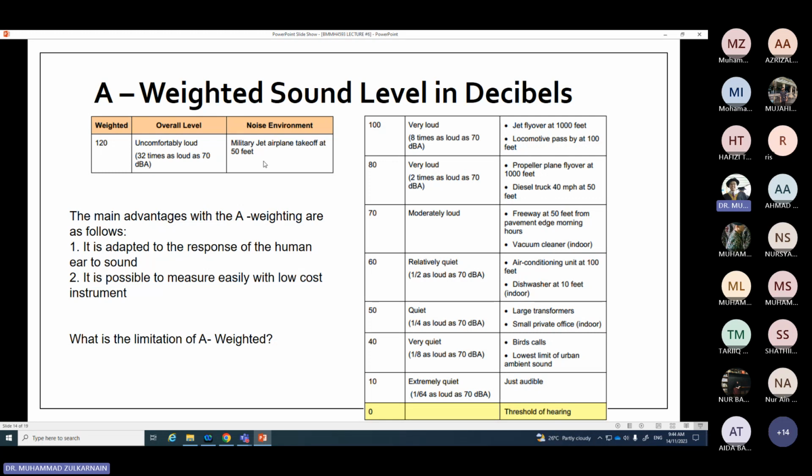So let's say the first one, on the left table, A-weighted at 120. That one is uncomfortably loud, 30 times as loud as 70 dBA. The noise environment is a military jet airplane taking off at 50 feet. I mean, the source of this level can come from a military jet airplane.